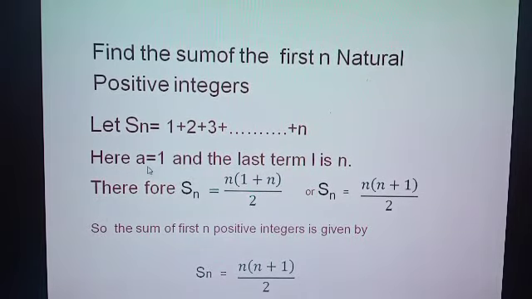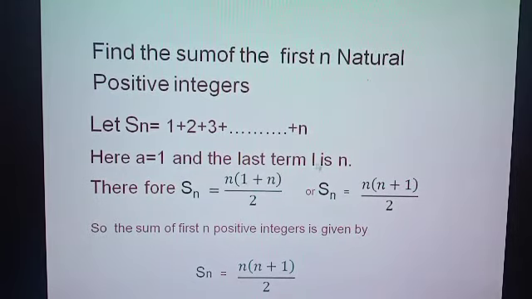So your first term a is 1 and the last term is n. So we have the formula Sn is equal to, a is equal to 1 and the last term l, or we can also call it an, it is n.